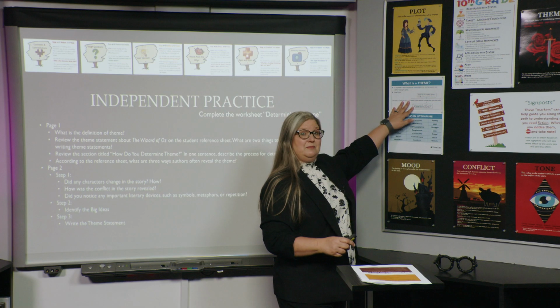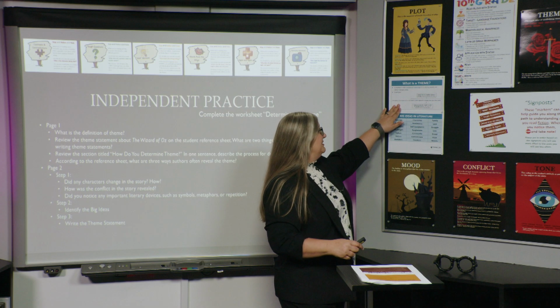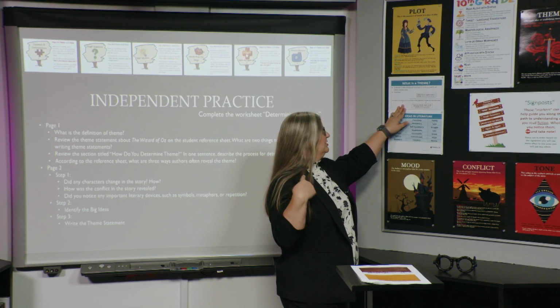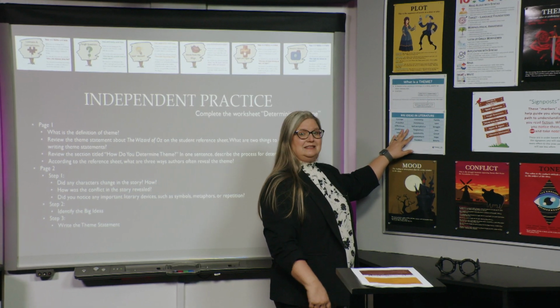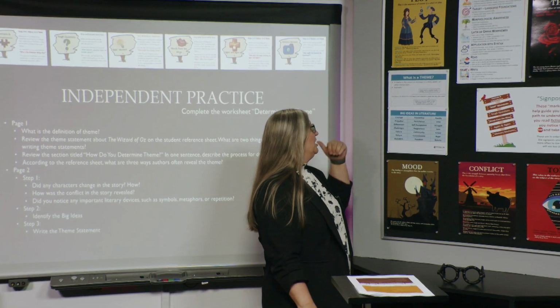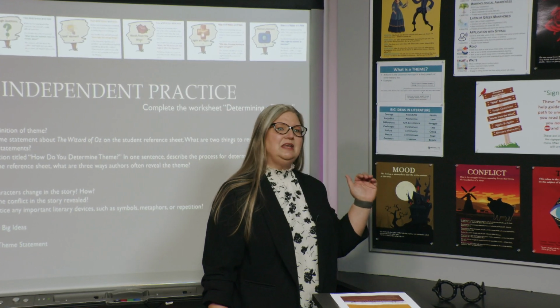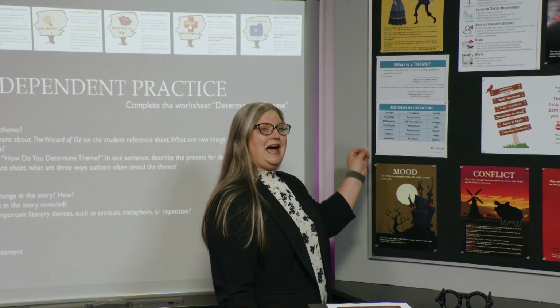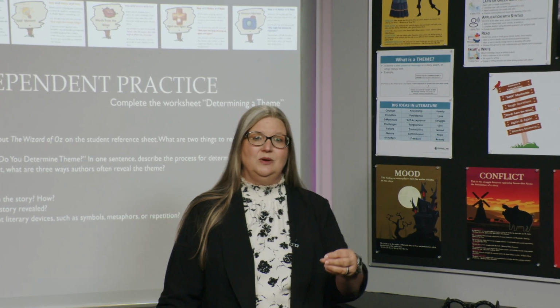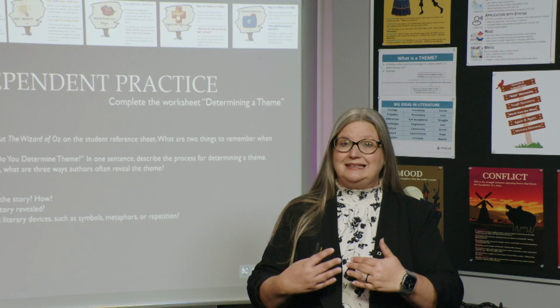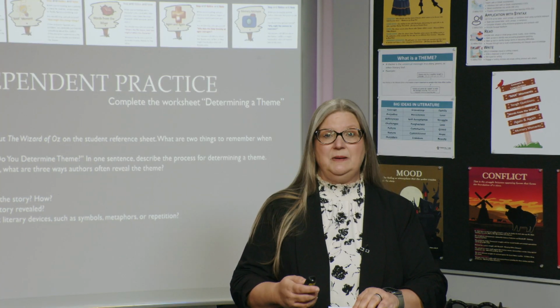It will have the same thing that we did, what is a theme, and it will give basically the slide that we just looked at, but it also has these big ideas in literature: courage, prejudice, differences, challenges, failure, and so many more. Those big ideas turn into themes. And so you want to think about those as you are practicing today in your independent practice.